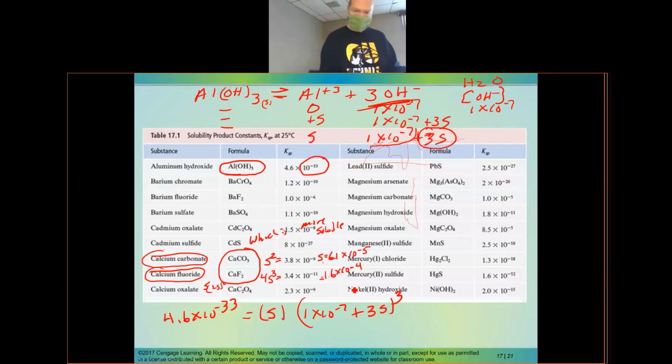I'm not sure about that. I'm going to push that in. 0.4 times 10 to the minus 11. Divide that by 4 and take the third root of that. And that is 2.0 times 10 to the minus 4.